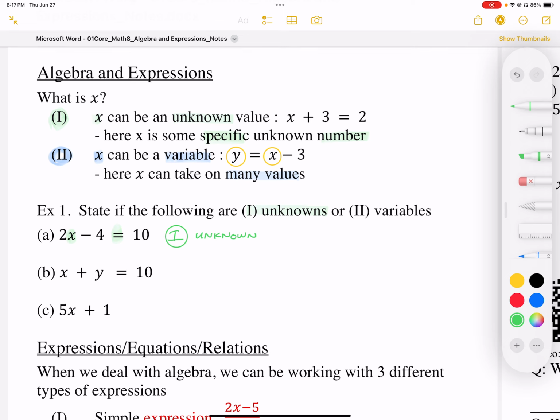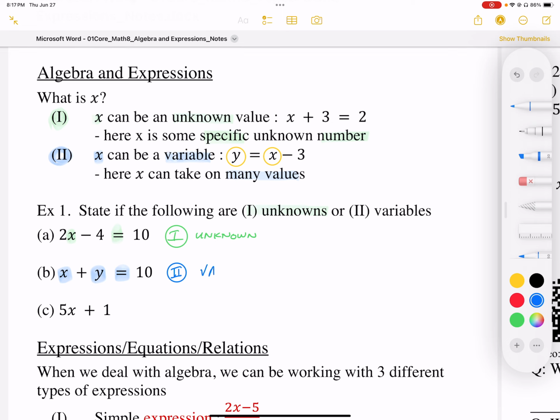In B, it is a variable. Okay, because if we take a look at B, there are two variables in there. There's an x and a y and an equals. That's a good indication that it is a variable. So x can take on many different numbers, and as x changes, y will change with it.